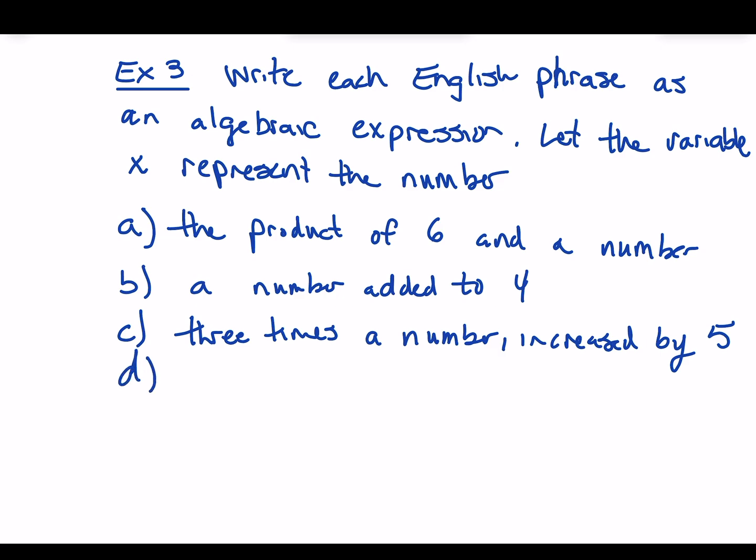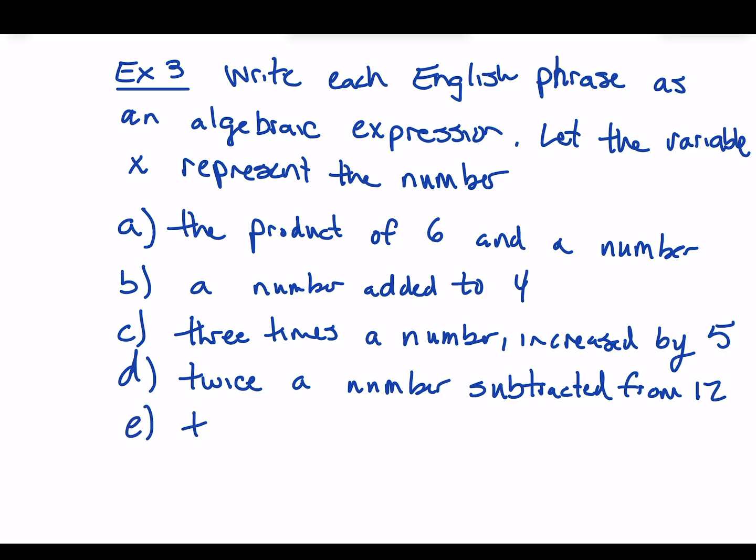D is twice a number subtracted from 12. And lastly, E is the quotient of 15 and a number.